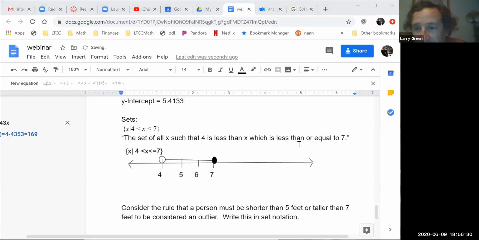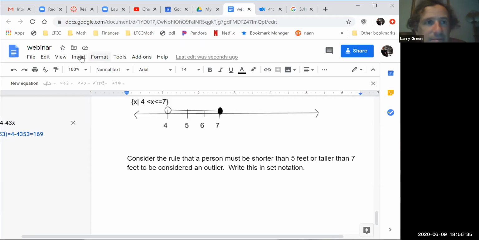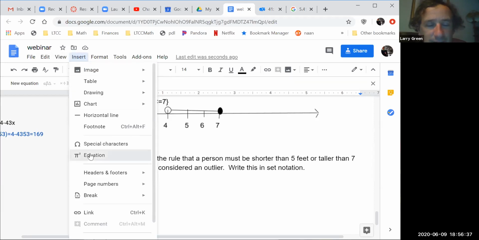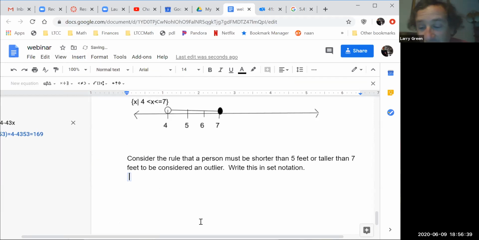Any questions on the question? Okay, so the first thing you do is you put one of these little curly braces in. Then you put x. Then you put the little vertical line segment. And now we look at it, you must be shorter than 5 feet.